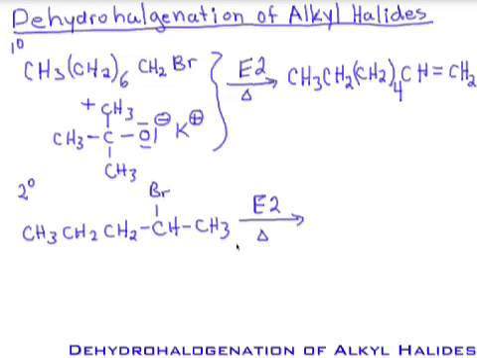And we can use a base. What base should we use? How about sodium methoxide? If sodium methoxide is my base, what solvent do I dissolve this salt in? Always use the conjugate acid of the base you're using. If methoxide's my base, use methanol.